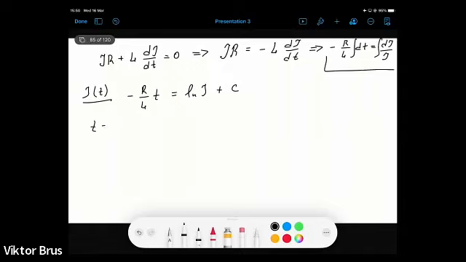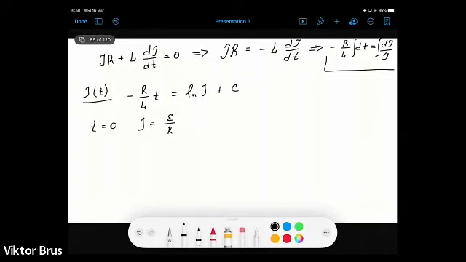At time equals 0, we know that at this initial moment of time, we had electric current I equal to electromotive force divided by R. So it was this established steady state electric current in the circuit.